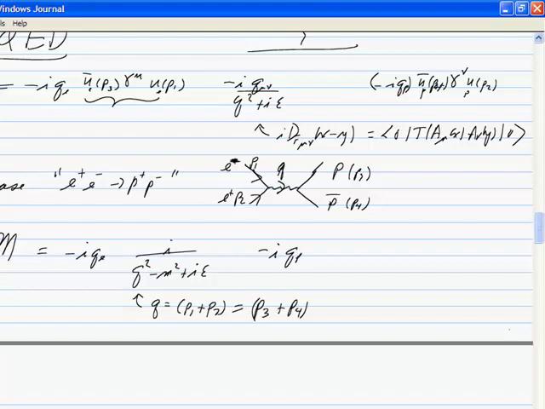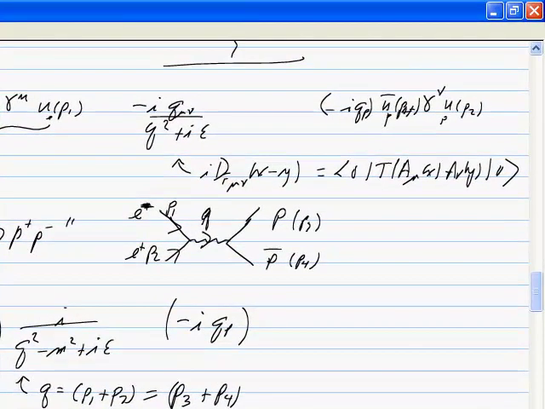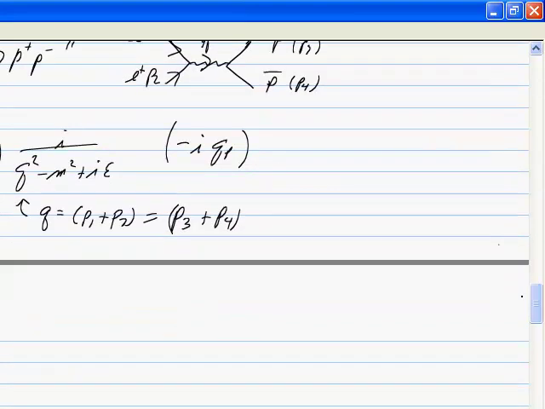So there's how you take matrix elements. All these guys. Yes? First line, u's are operators, right? No. The u's are just these. So u is just a spinor wave function.